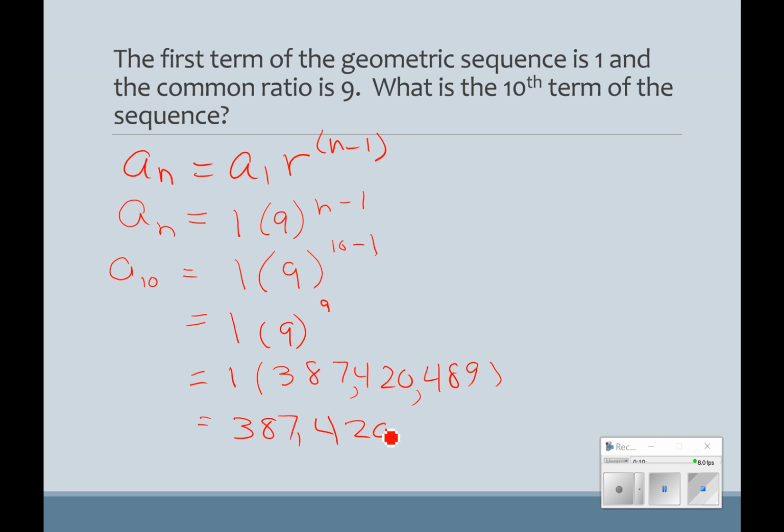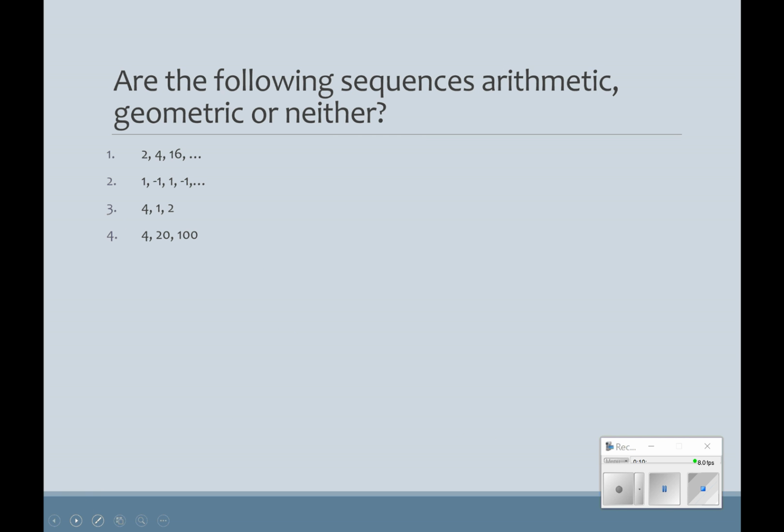So let's look at which of the following we think are geometric or arithmetic, or neither. I'm multiplying this: 2 times 2 gives me 4, but 4 times 2 does not give me 16, so that's going to be neither.